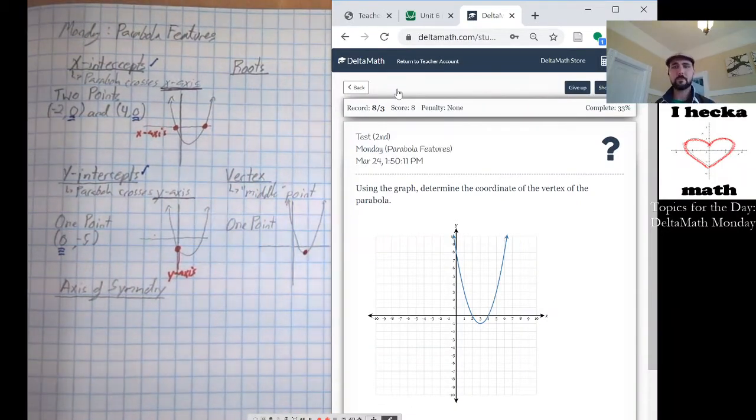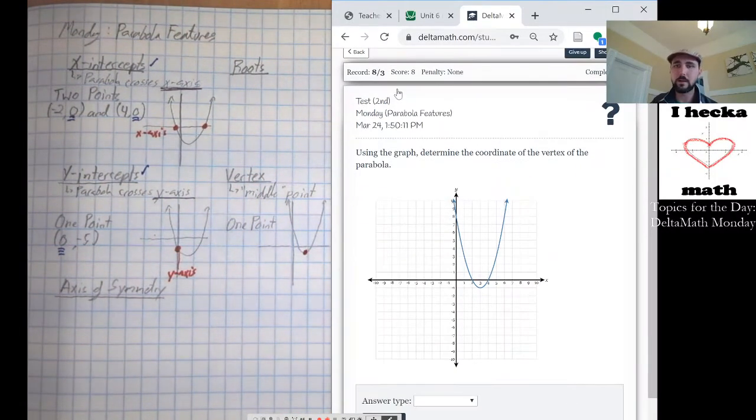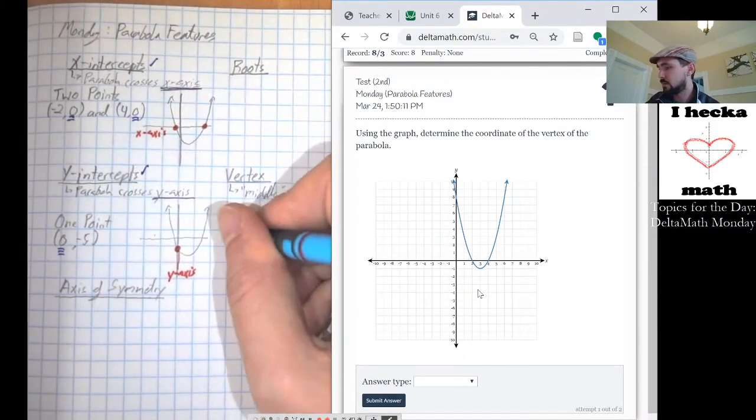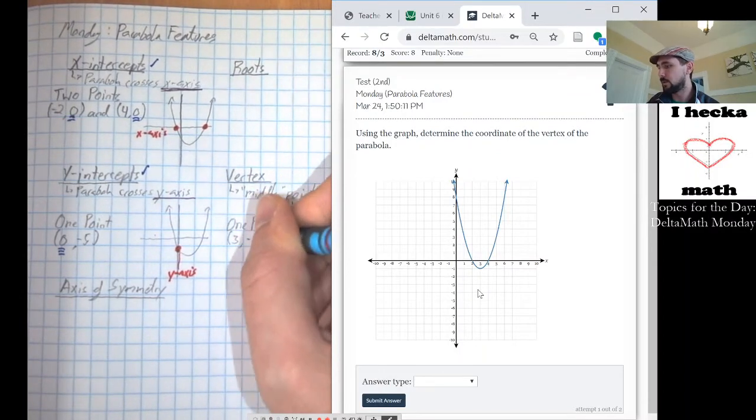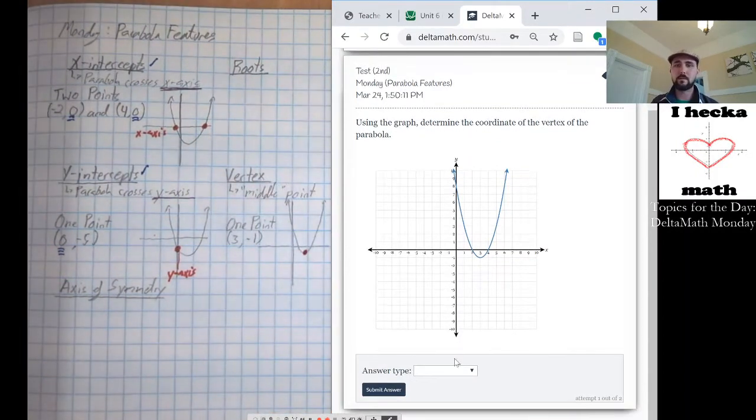Right, 1 point. And now we're going to be precise. So this 1 point, I'm counting, looks like it has an x value of 3. And if I look over here, it has a y value of -1. X value of 3, y value of negative 1.